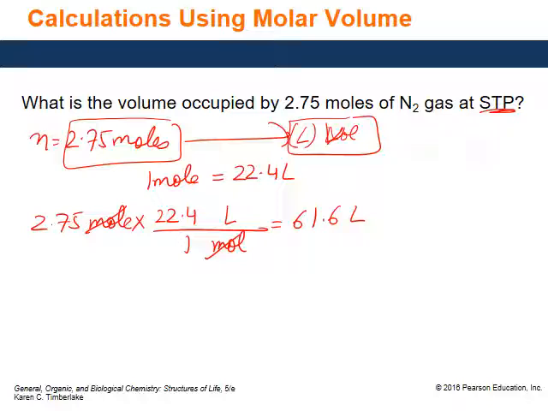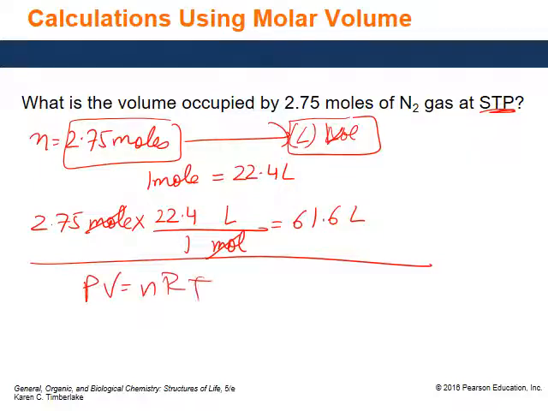But another way, if you can't remember this, you could also do PV equals nRT. Here what's given to you is n, R is already known, STP means temperature is 273 Kelvin, and pressure is 1 atm. So all the values are given except for volume. If you want, you could also use this to figure out the final answer.